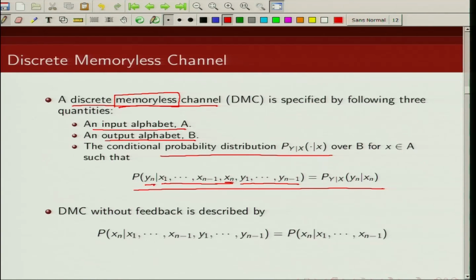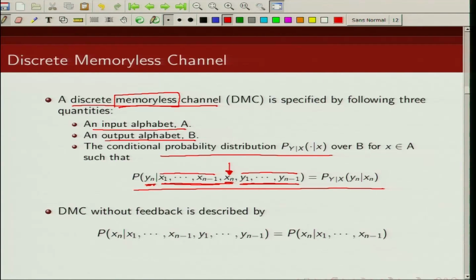It only depends on the present input. It does not depend on past values of the x_i's, and it does not depend on past values of the y's. It only depends on the current value of x.